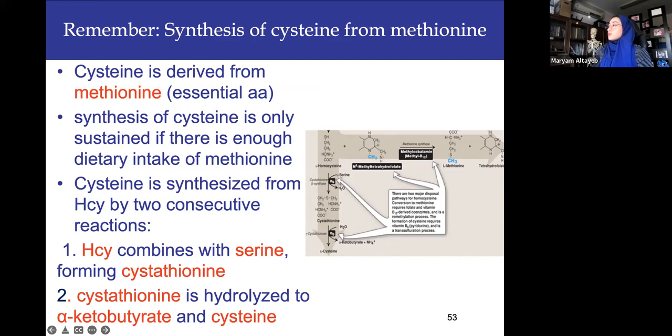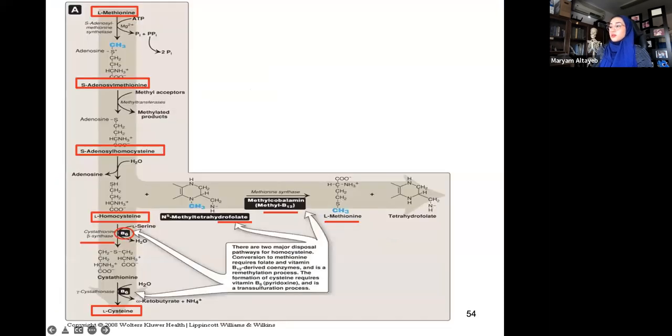So again, the key things here, which I'll show you guys. Methionine can be converted into SAM by adding an ATP, right? And then it's going to donate its methyl groups, and then it's going to form homocysteine. Now, homocysteine can create methionine, but it's going to need folate and B12.